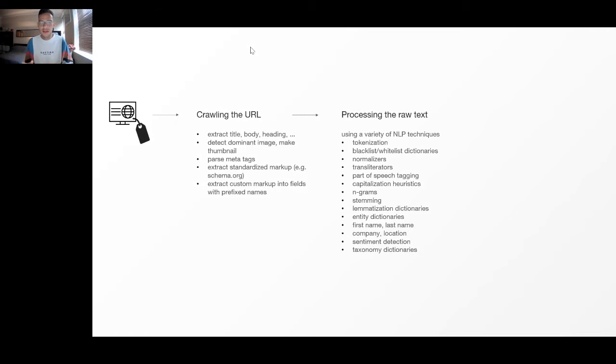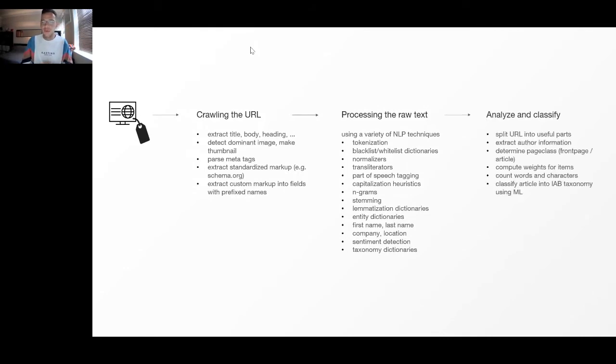Of course, this is all kind of happening behind the scenes. And me personally, I've dabbled with a couple of these, but I'm by no means an expert, and I could not put this together on my own. But that's why there are data science teams that work behind the scenes on these kinds of crawler products.